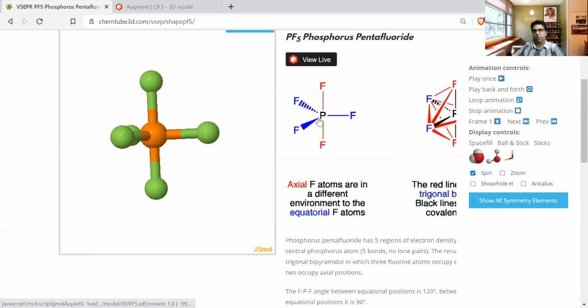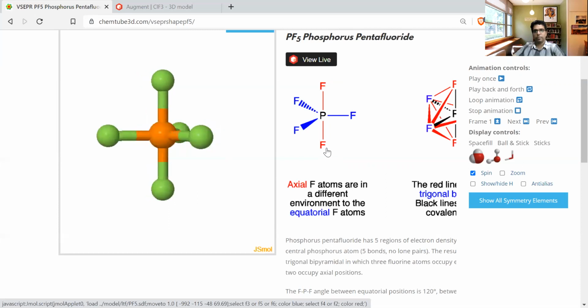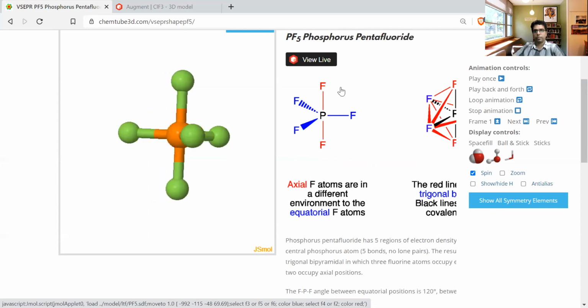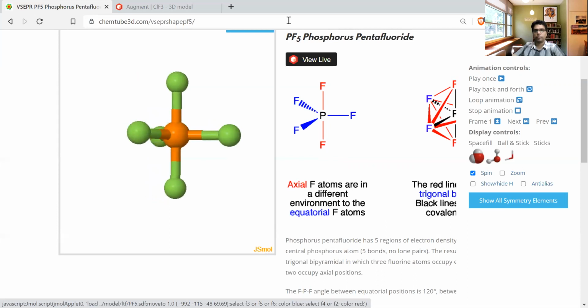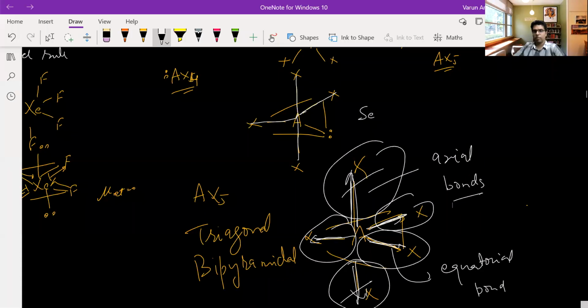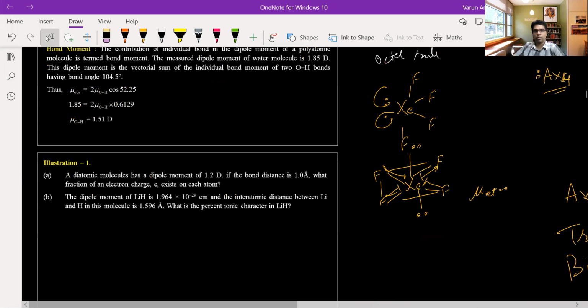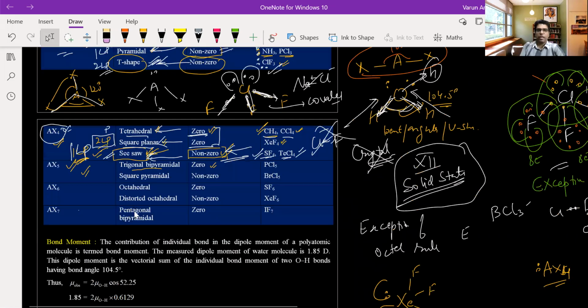So these three bond lengths are different from these two bond lengths. AX5 type of molecules: if the dipole moment is zero, the shape will be trigonal bipyramidal.